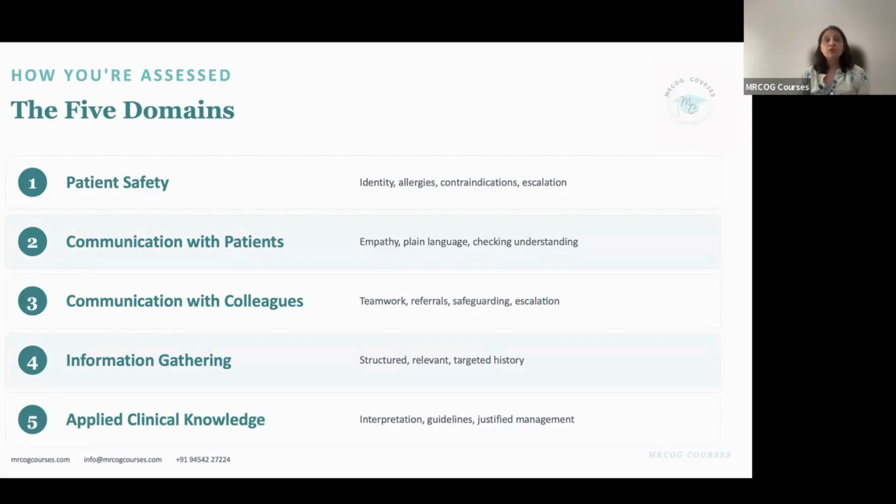Information gathering: what all information you need to know to come to your diagnosis and management. Applied clinical knowledge is interpreting the patient's history, interpreting the patient's reports, and then explaining to the patient what the diagnosis is and what the clinical knowledge is. If I tell you in simple language what these domains mean, I think you can clearly see how you have to behave with the patient.